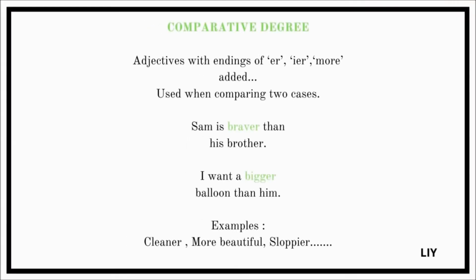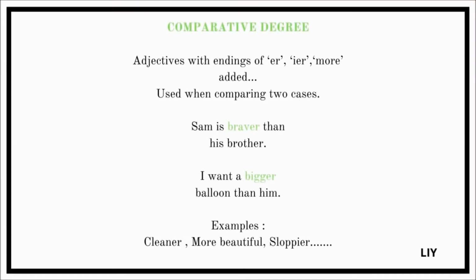If I say, Sam is braver than his brother, here, Sam is the first case and his brother is the second case. And we're using the adjective braver. The absolute form of the adjective braver is brave. We are adding the ending er to form the comparative degree because this sentence is a comparison.